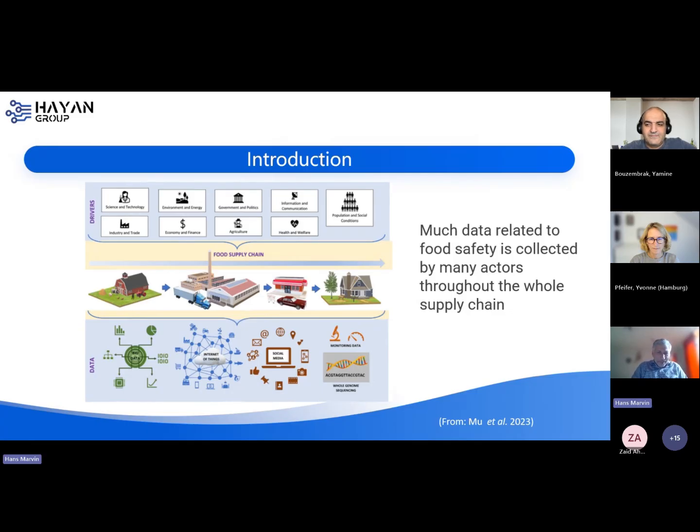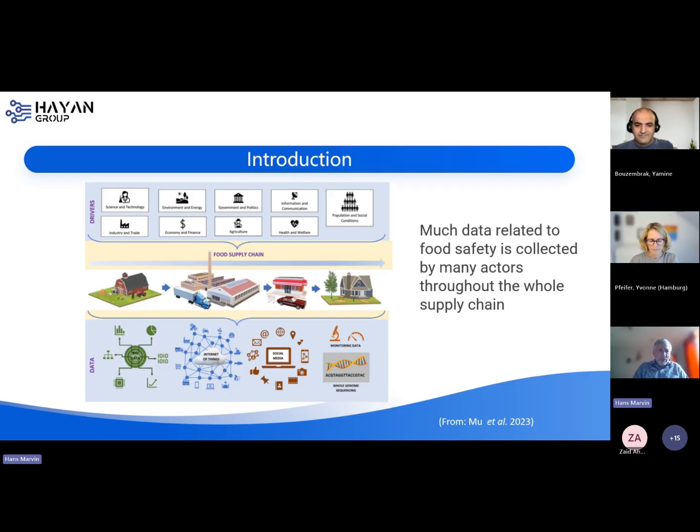This graph basically shows you the supply chain going from the farm to the consumers, from the left to the right, and the logistics and food processing in between. There are many actors and many steps in the supply chain. I mean, I show a farmer, but it can also be vessels for marine farming.